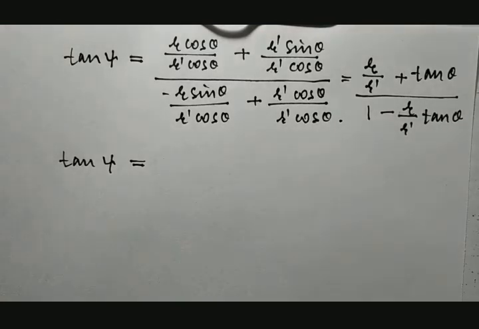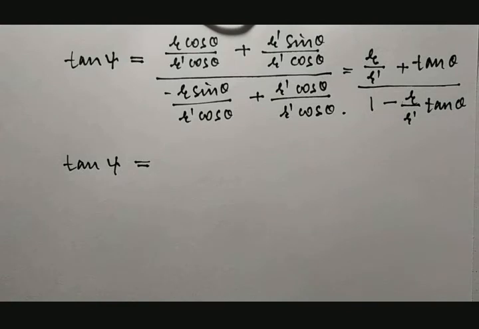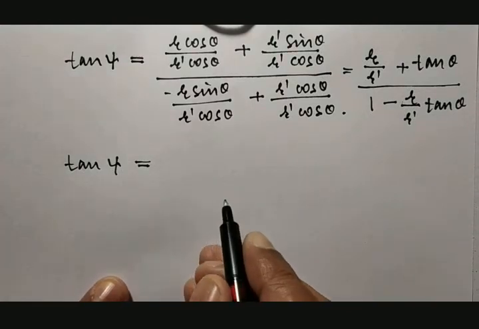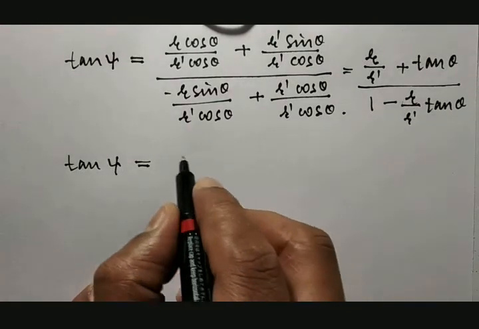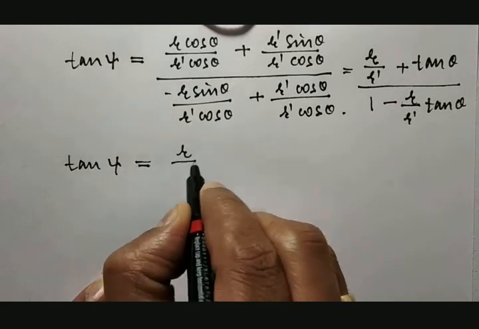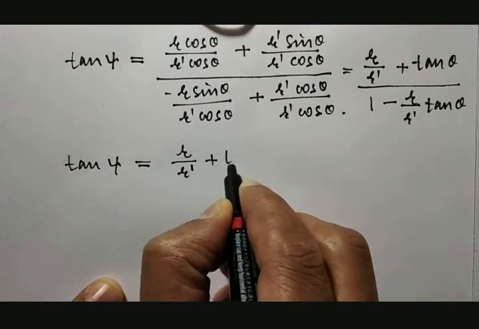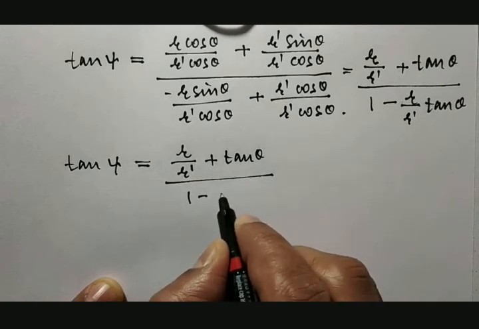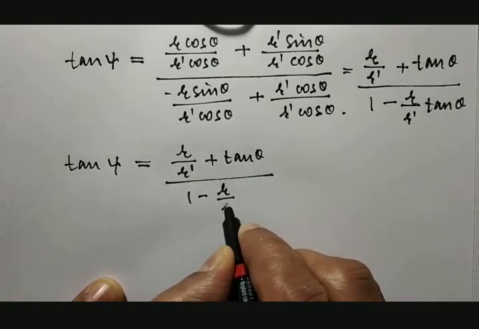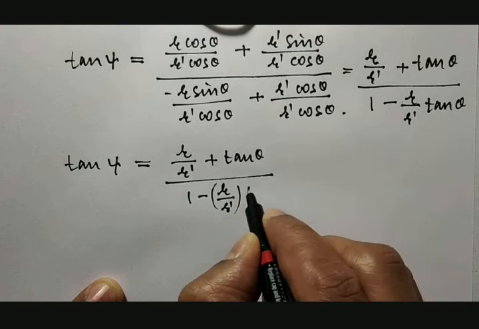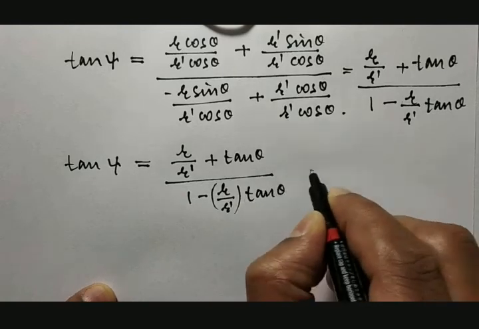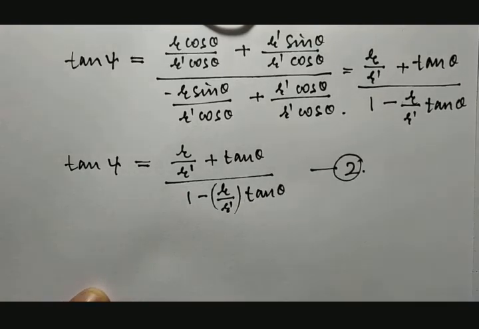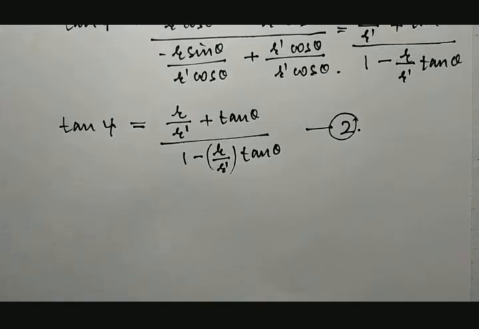So tan psi is equal to r divided by r dash plus tan theta divided by 1 minus r by r dash into tan theta. I'll call it equation number 2.